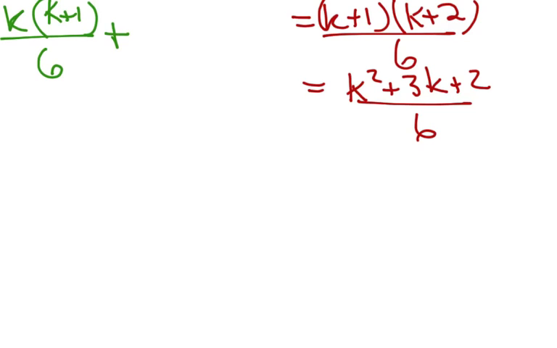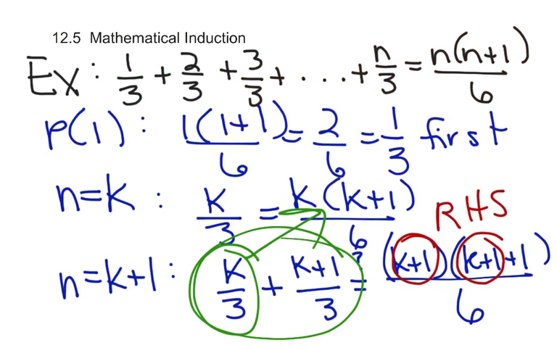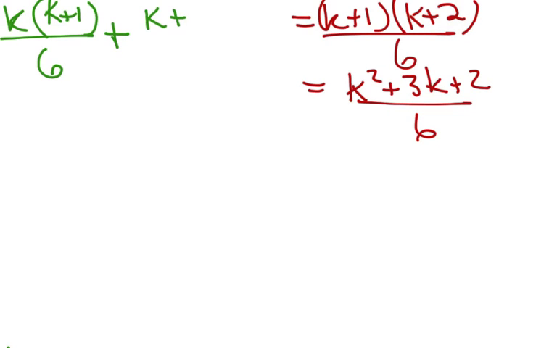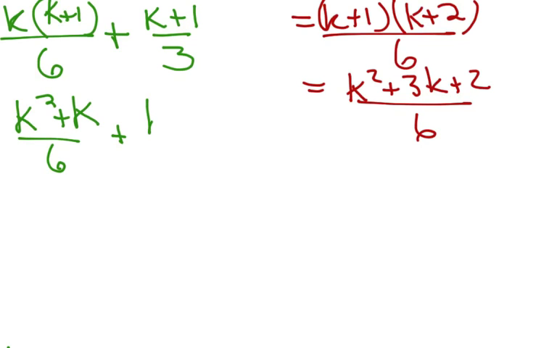And I'm going to add to that, go back a page, the k plus 1 over 3. And if this works, when I'm done simplifying it, it's going to equal the other side of the equation. So first I'm going to do some distributing. k squared plus k over 6 plus k plus 1 over 3 equals.